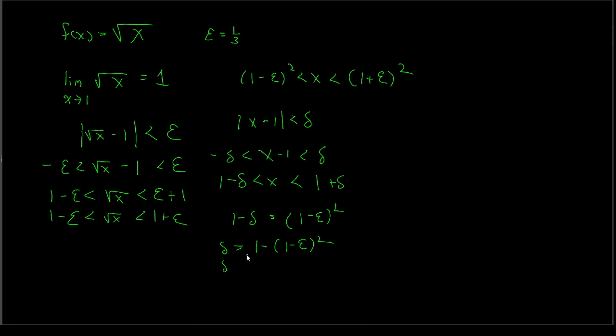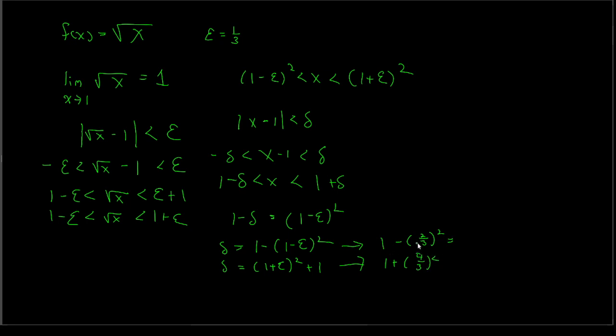And doing the other side, where we'll subtract 1 from each side, 1 plus epsilon squared, minus 1. And so we need to find the smallest delta. And so if I drop in my 1/3, I get 1 minus 2/3 squared, and 1 plus, let's see, if that's 1/3, that's 4/3 squared.